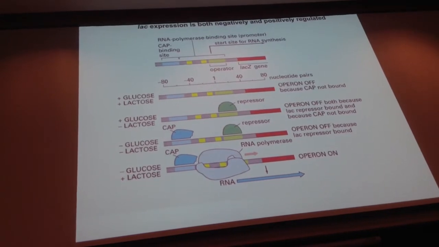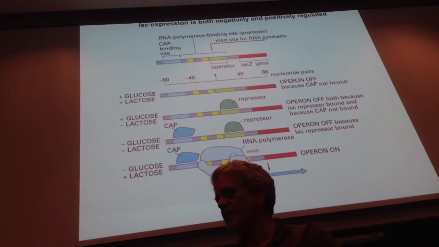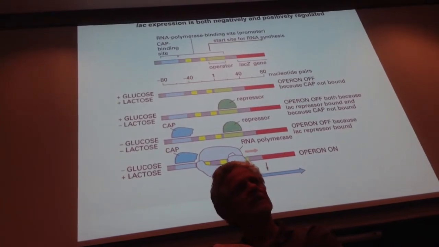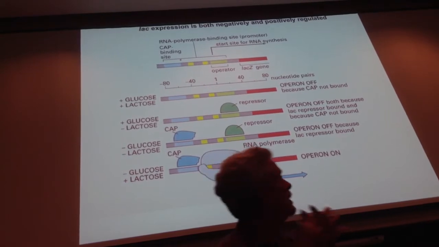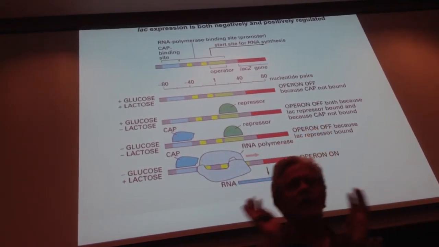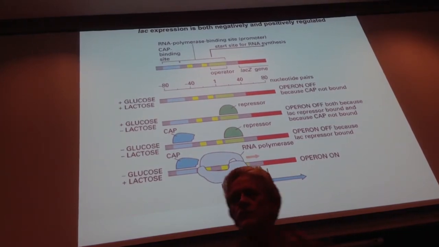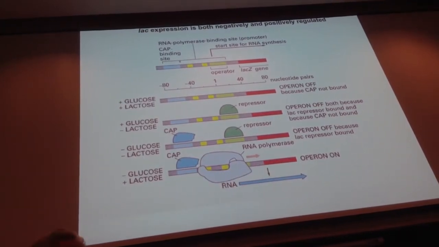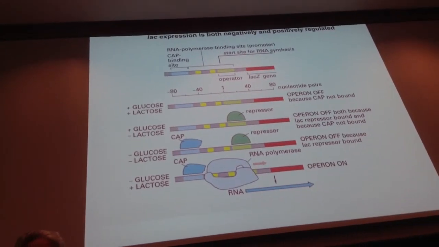Actually, it's the other way around. When there's glucose in the cell, cyclic AMP levels go down. So there's no cyclic AMP to bind to the CAP protein and activate it, so the CAP protein doesn't bind to the promoter of the lac operon.